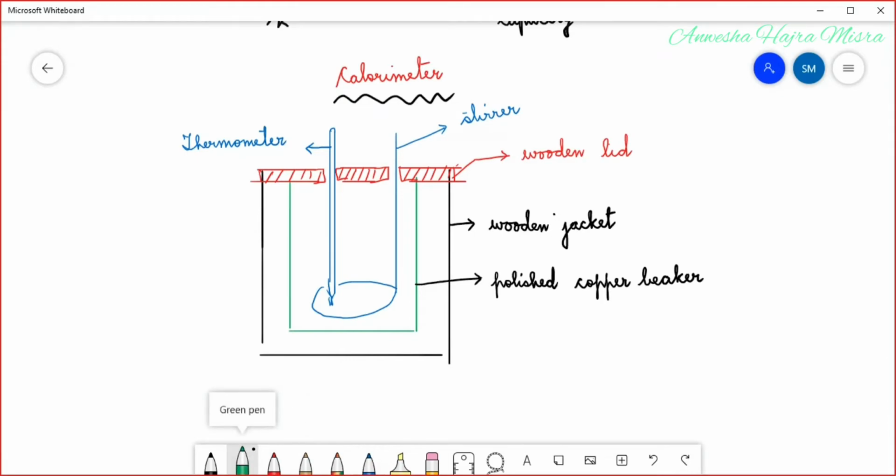Now inside this we have an insulating material. This is an insulating material, say for example wool.